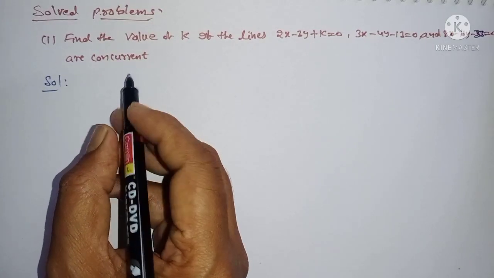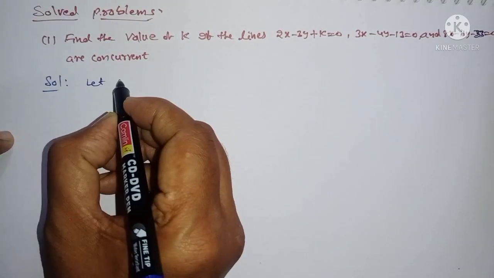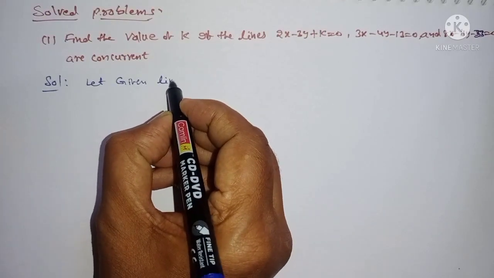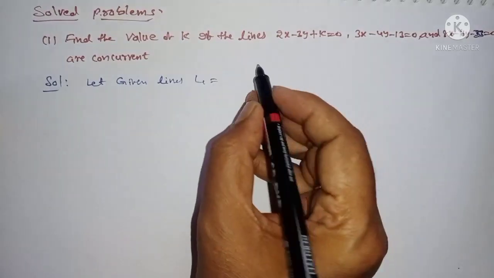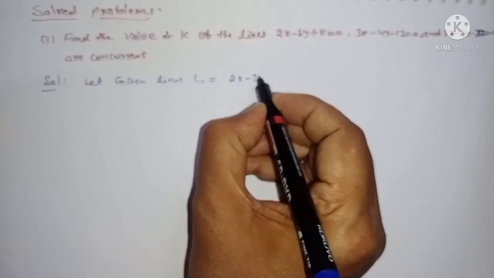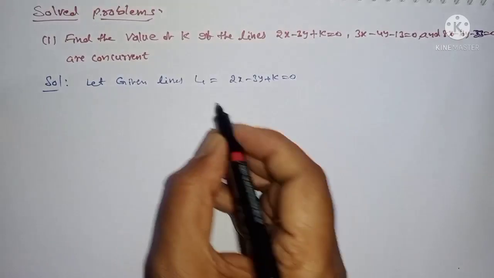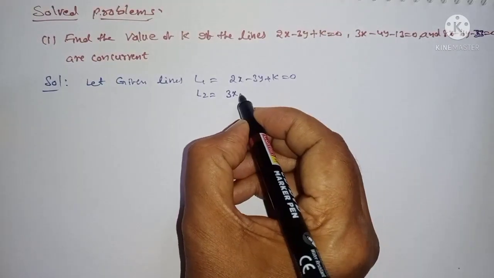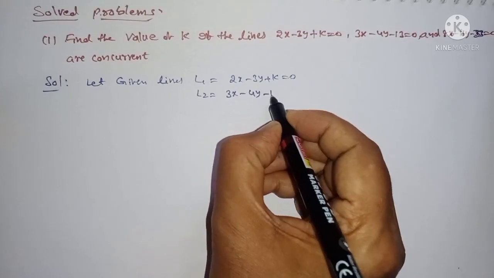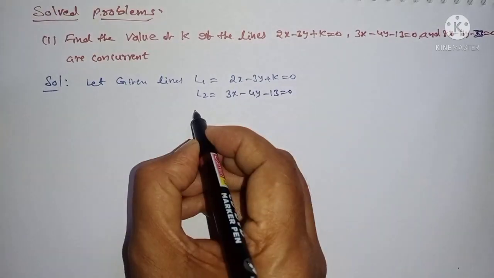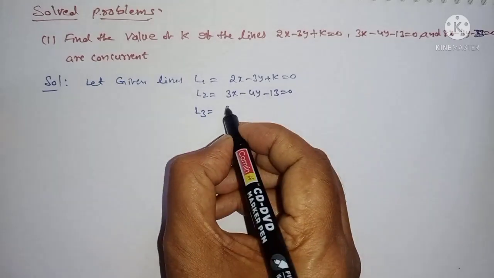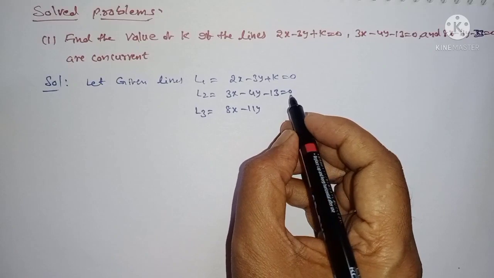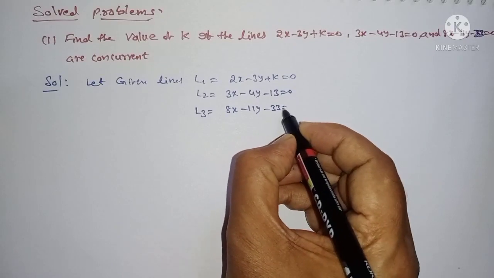How can you find it? Let the given lines be L1 equal to 2x minus 3y plus k is equal to 0, L2 equal to 3x minus 4y minus 13 is equal to 0, and L3 equal to 8x minus 11y minus 33 is equal to 0.